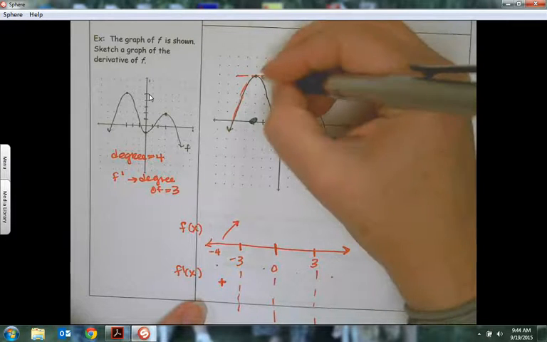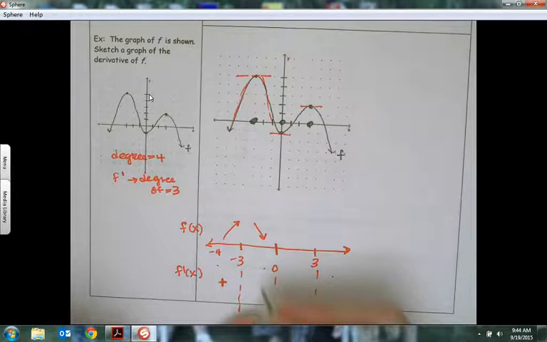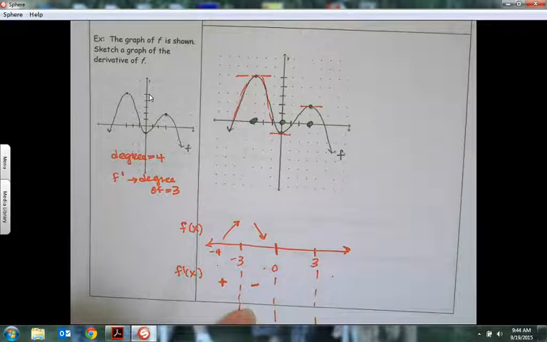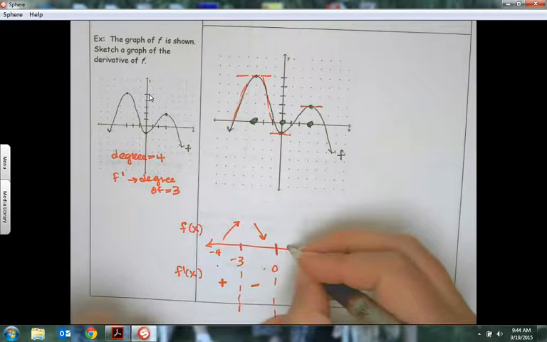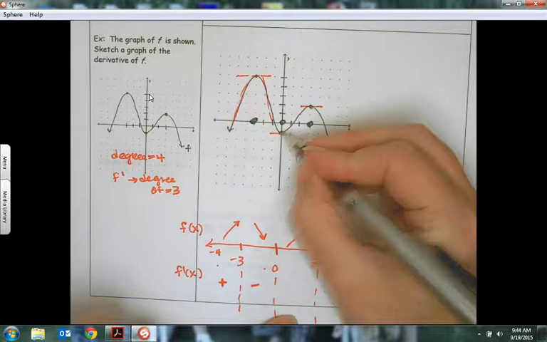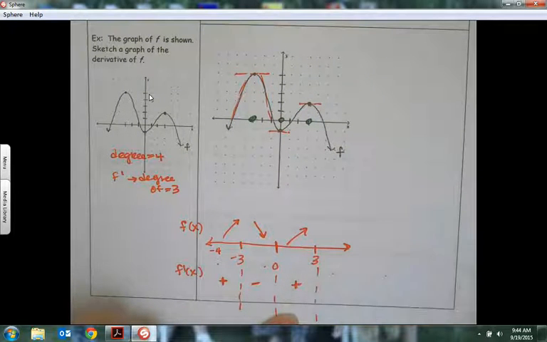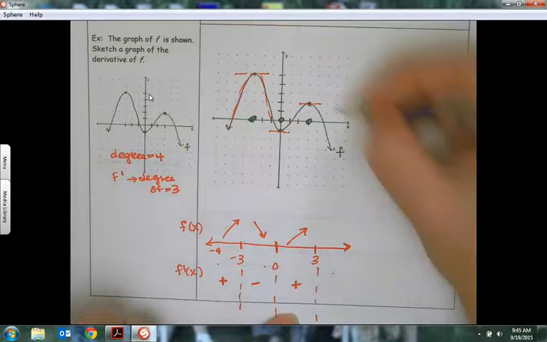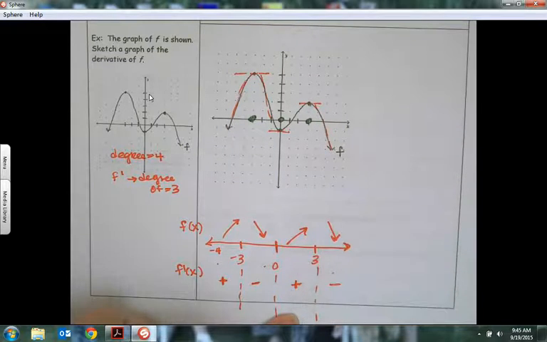These guys are all decreasing, so they all have a negative first derivative. These guys, from 0 until 3, are all increasing, so they have a positive first derivative. And all of these are decreasing, so I have a negative first derivative.